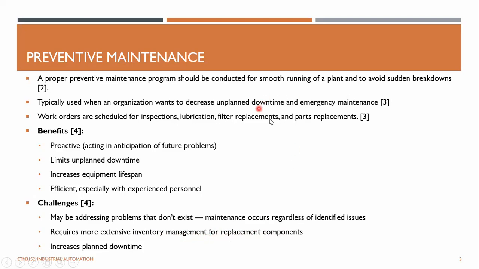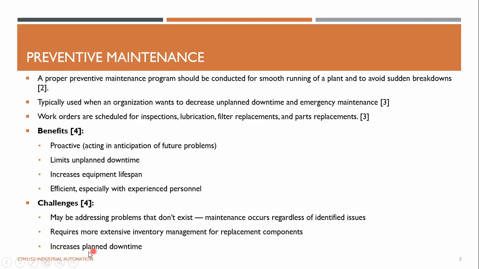Every time you replace a component in 6 months, you expect the new one will not fail within the next 6 months. However, you have to go with this maintenance at regular intervals. So it is increased planned downtime, right? Not the unplanned. Unplanned means something breaks down and you have to fix it and it takes some time.